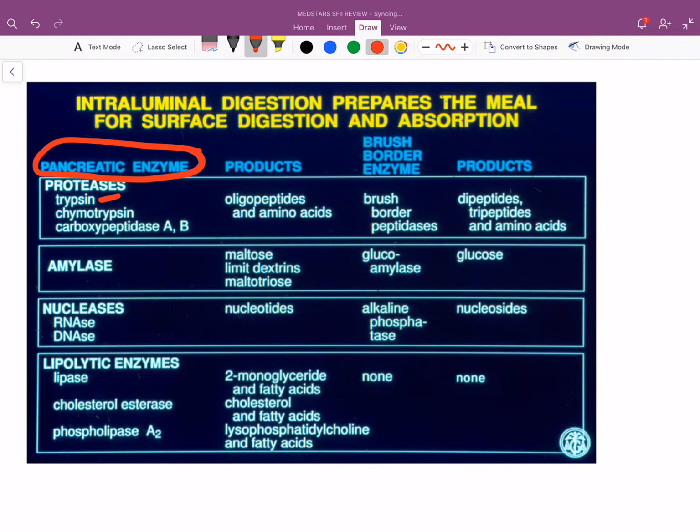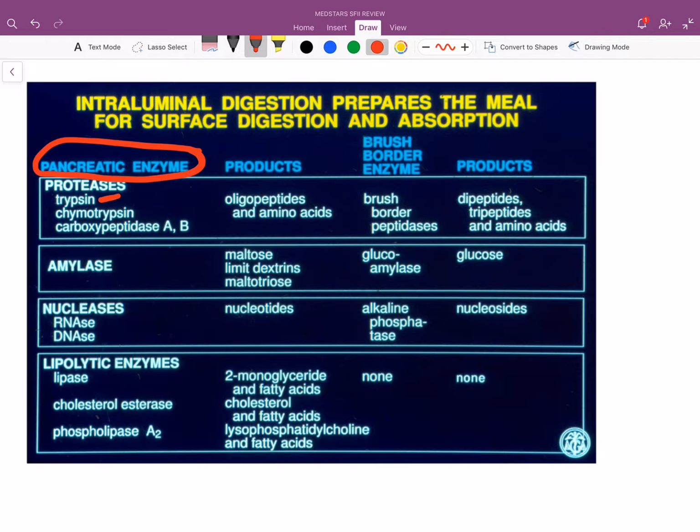Trypsin starts off as what? Trypsinogen. Who converts it into trypsin? Enterokinase, a brush border enzyme, right? And then trypsin goes out and starts to activate other proenzymes such as chymotrypsinogen and procarboxypeptidase.